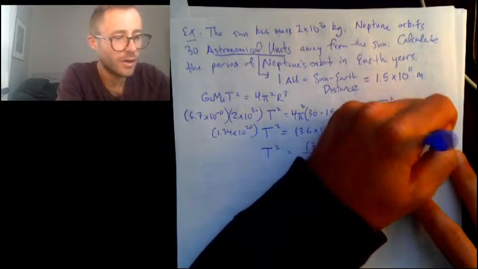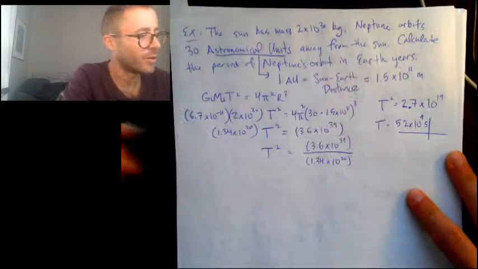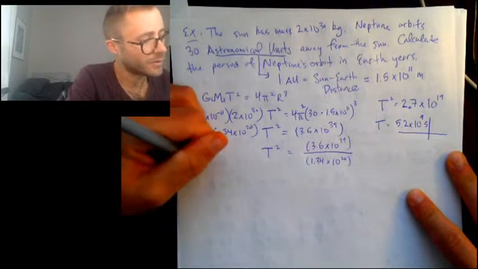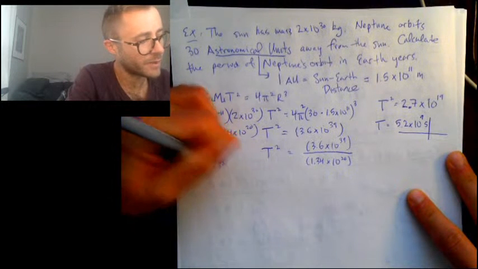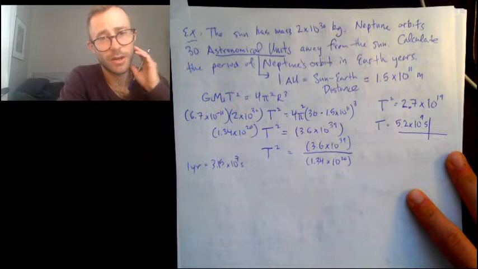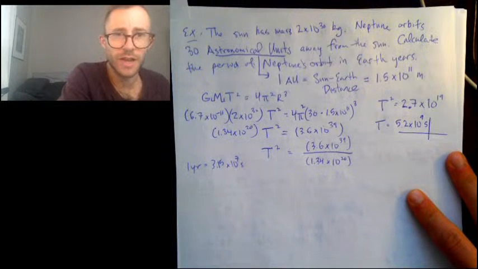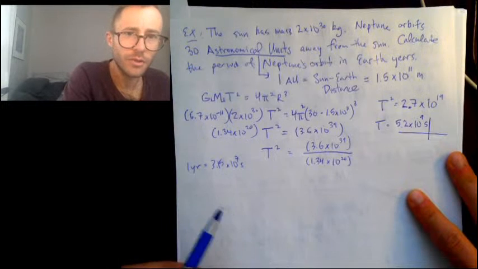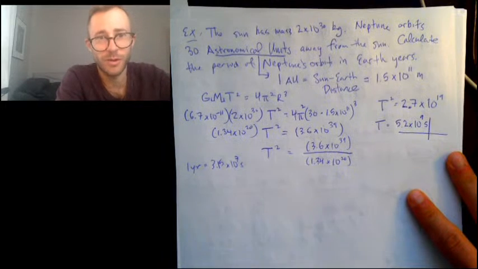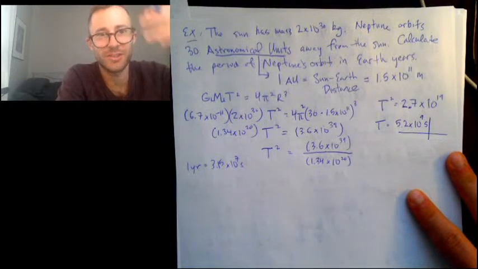So I'm going to use the fact that 1 Earth year is 3.15 times 10 to the 7th seconds. Okay, so you can figure that out by just doing 365 times 24 times 60 times 60.